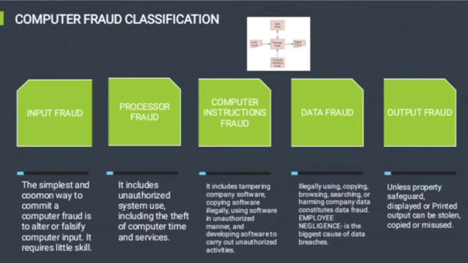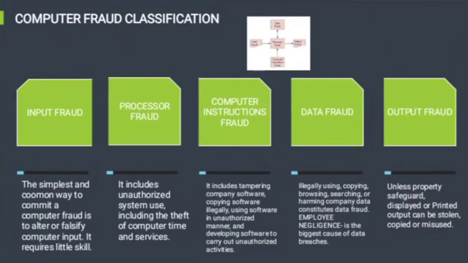Illegally using, copying, browsing, searching, or harming company data constitutes data fraud. Employee negligence is the biggest cause of data breaches. So number 5 is output fraud. In output fraud, unless properly safeguarded, displayed or printed output can be stolen, copied, or misused.